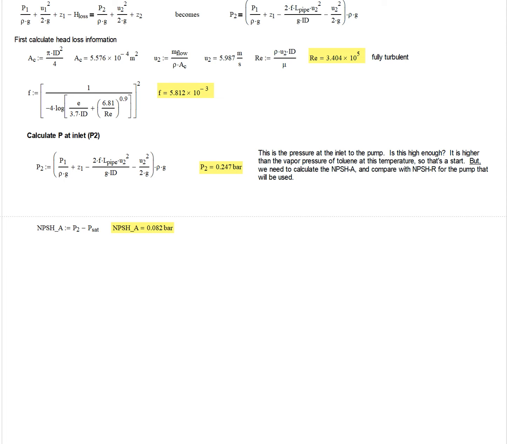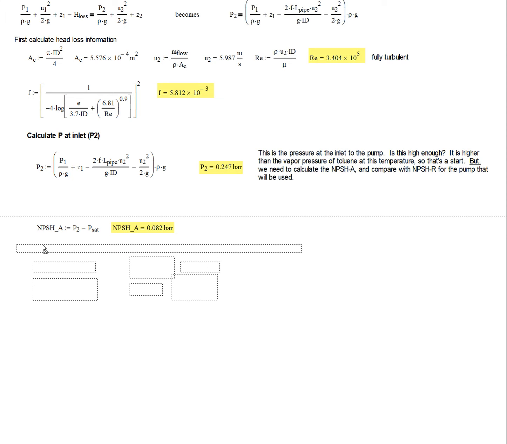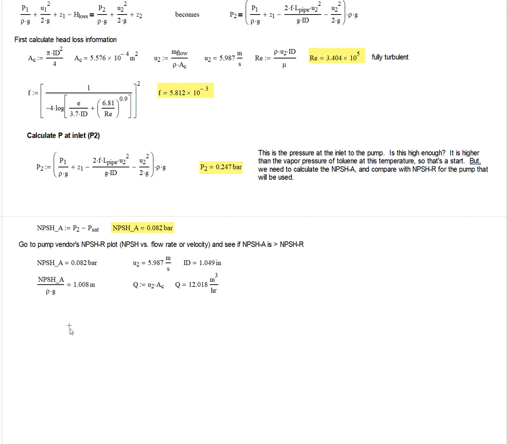What we need to do then is go to our pump system curves and look at the NPSH-A and NPSH-R graphs. And so those system curves, they can be given to you in a number of different units. Usually on the x-axis it's volumetric flow rate, but it could be linear velocity.